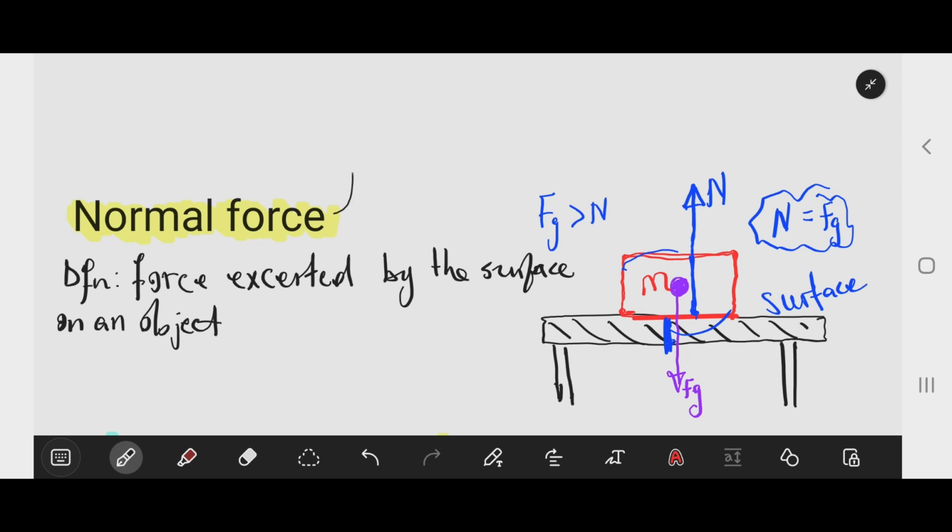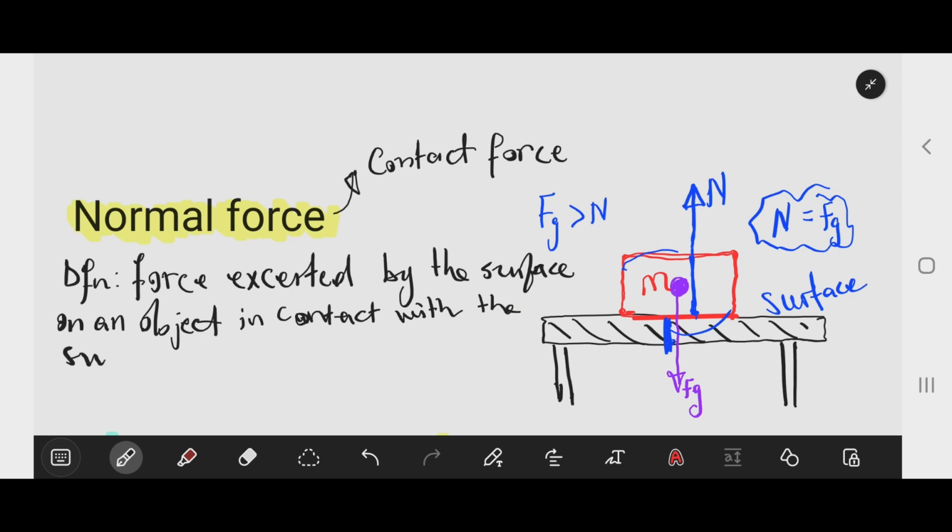That is why we say normal force is a contact force, because without contact there is no force acting. So this is a force exerted by a surface on an object in contact with the surface.